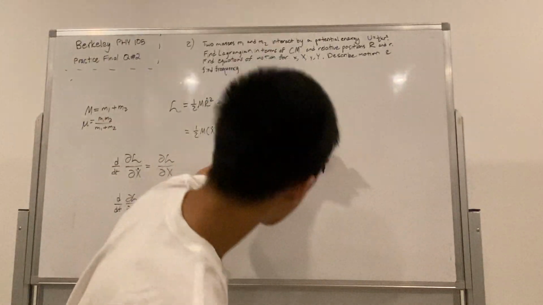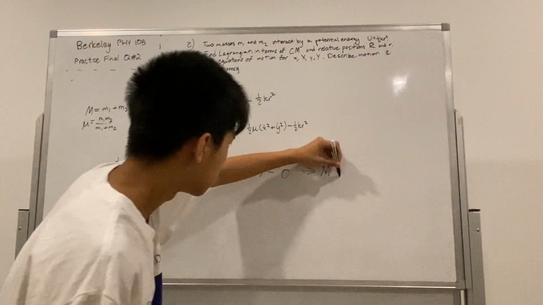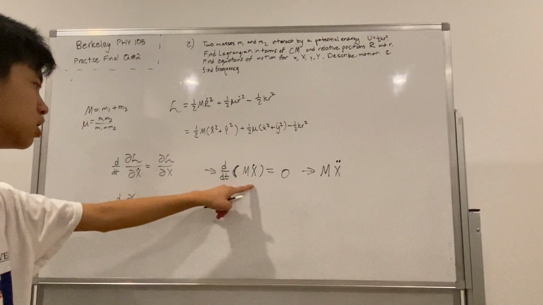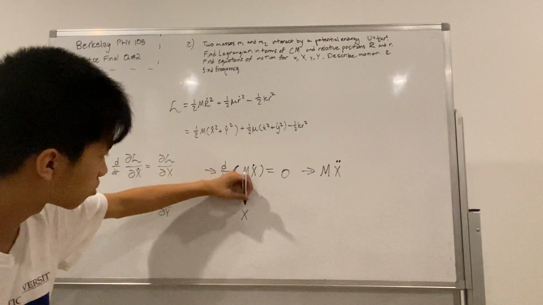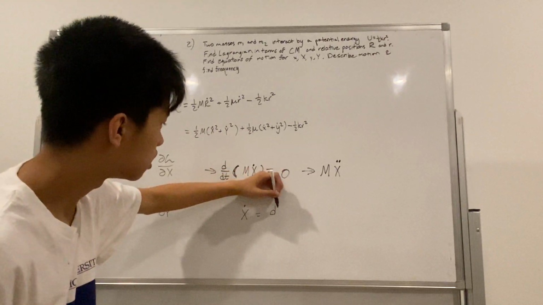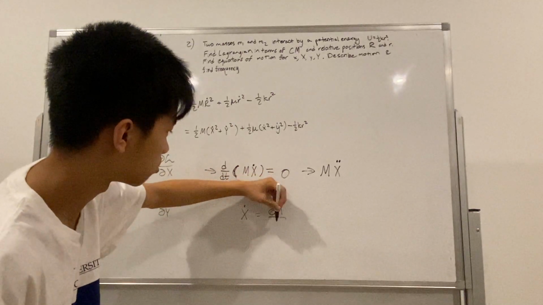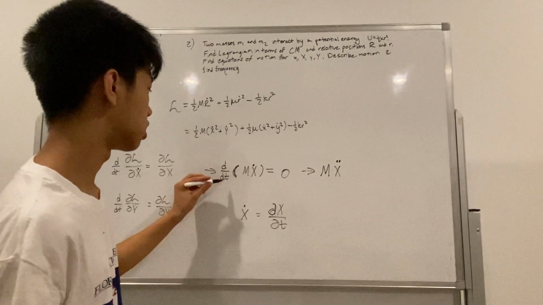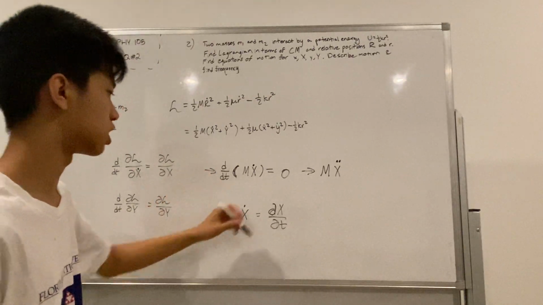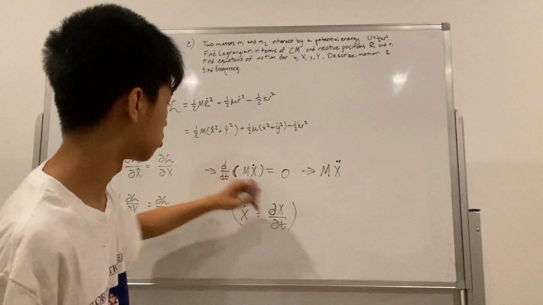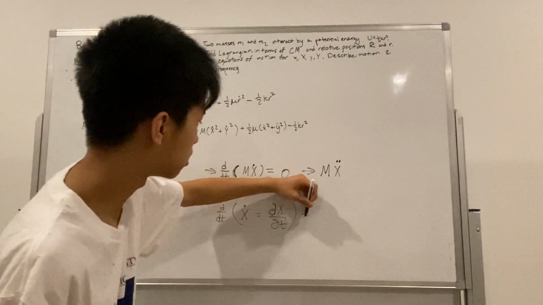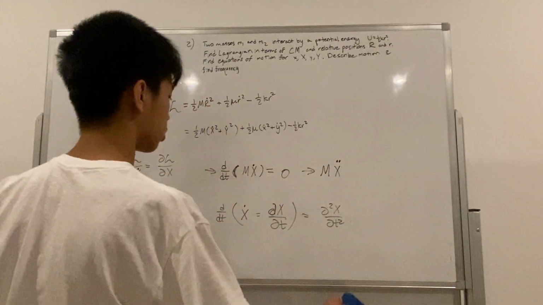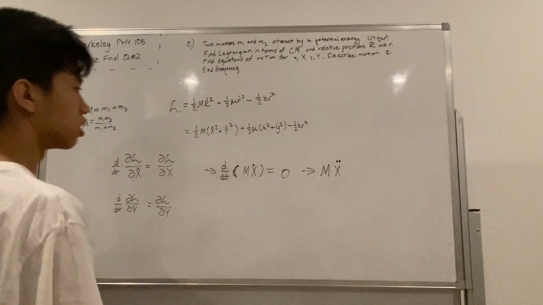Therefore, m times X double prime, because there's a d/dt, since X prime is the same thing as the partial of x with respect to the partial of t, and taking the derivative of that with respect to time only makes it the second derivative with respect to time. So this is equal to 0.